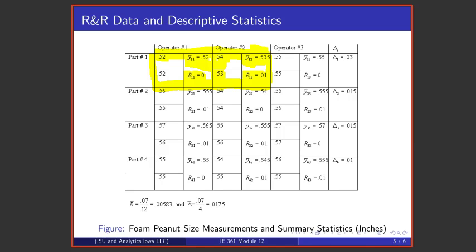To continue on with some summary statistics for this data set, one might, for a given row, look at the Y bars and ask how much do they differ? What's their range? And so this Y bar, this Y bar, and that Y bar have a range of 0.03.